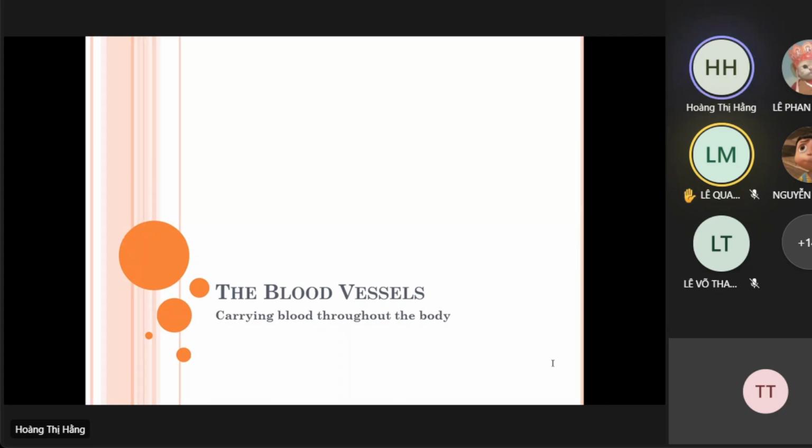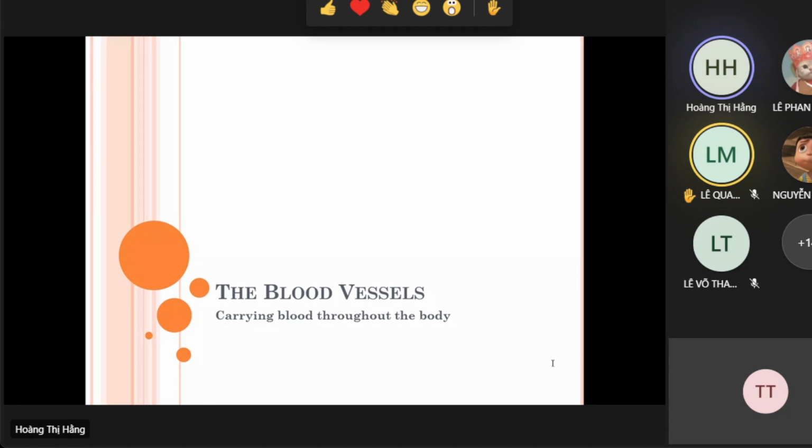Artery walls are the thickest to pump the big amount of blood to nourish the whole body. As for veins, vein has valves to block the blood from moving backwards so fast.